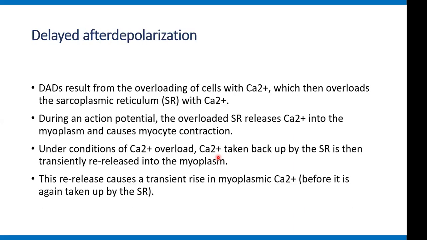With delayed afterdepolarization, what we are saying is that repolarization has occurred and the cardiac action potential is in phase 4, but there is a triggered action potential occurring. This is mainly thought to be due to overloading of cells with calcium.